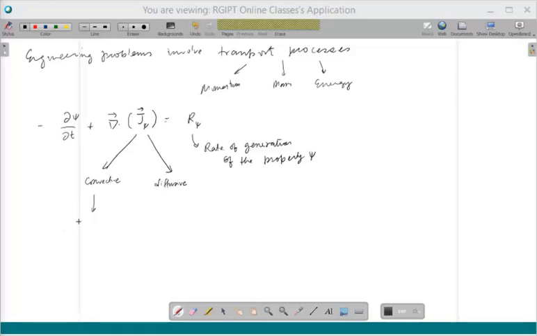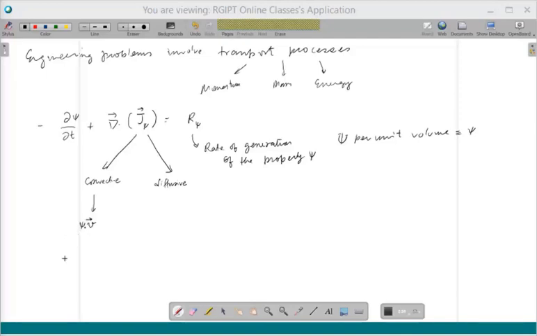At any point, the convective flux of psi is given by psi times the local velocity v, where psi is the property per unit volume, what I'm referring to as small psi. That you can check.